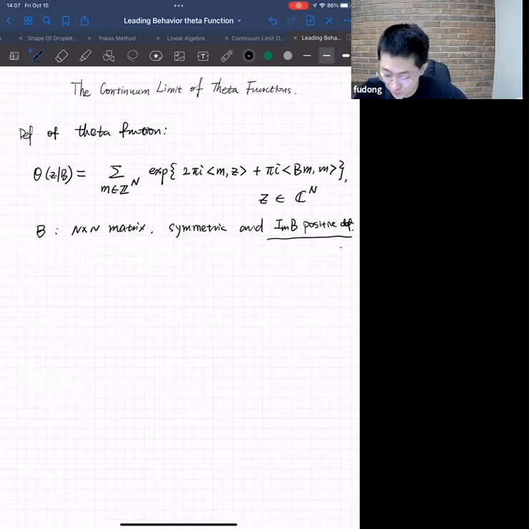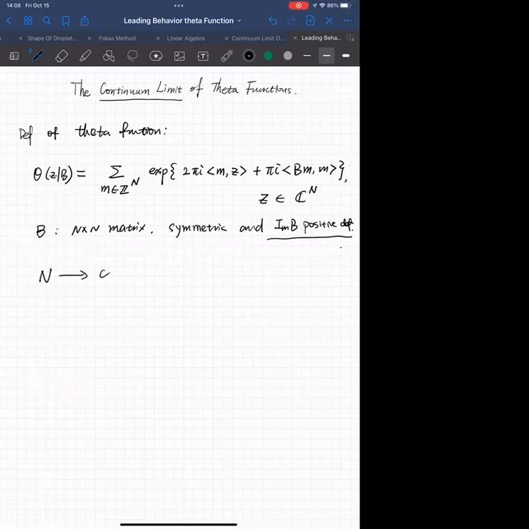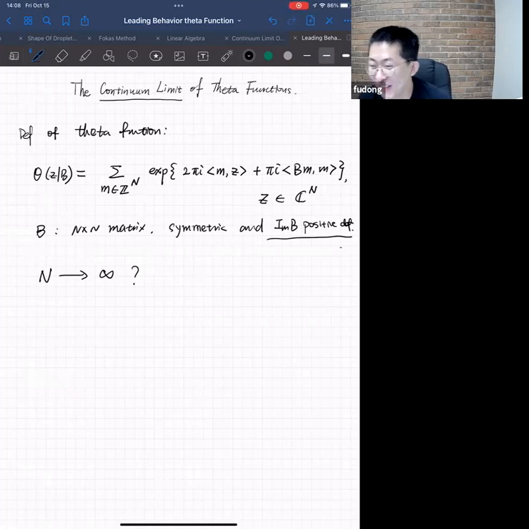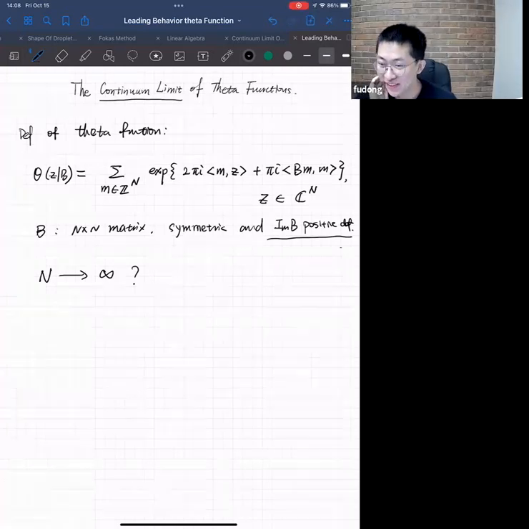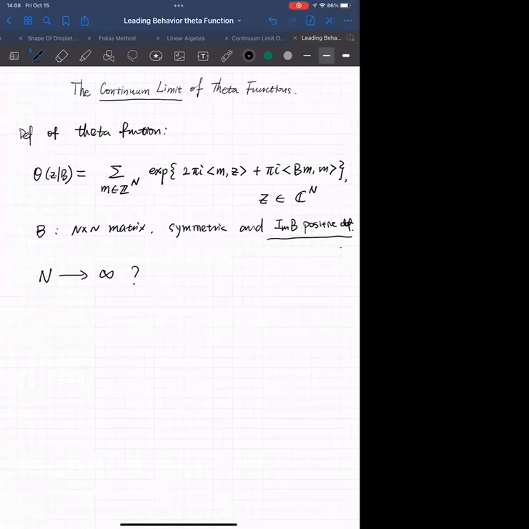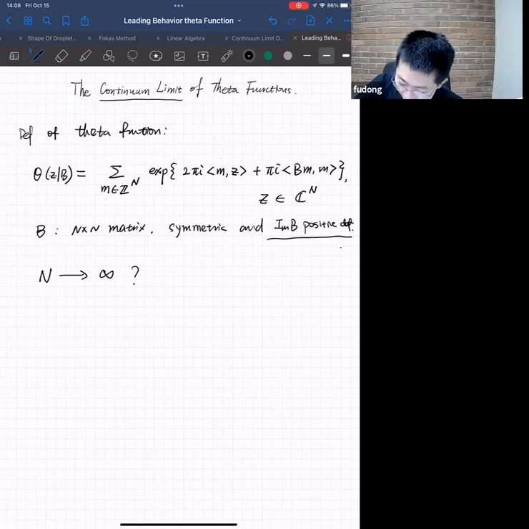And next we need to understand what the continuum limit is. In a very simple word, it is when this n goes to infinity. Before we understand the continuum limit, I think we should also understand the bracket.